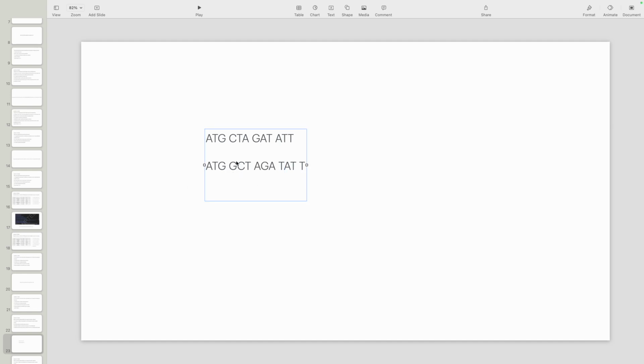So due to this insertion, the frame has been shifted by position 1.